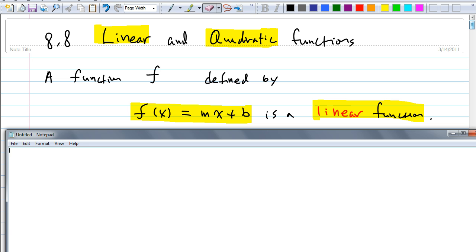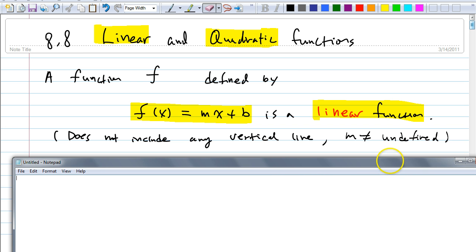Okay, go ahead and write it down. I'll wait. Okay. And because we said that every line is a function except for a vertical line, we need to say something about the slope of this line. What do we have to say about the slope of this line? It cannot be what? It could be 0. If the slope is 0, what kind of line do you get? It's a horizontal line. So it's fine.